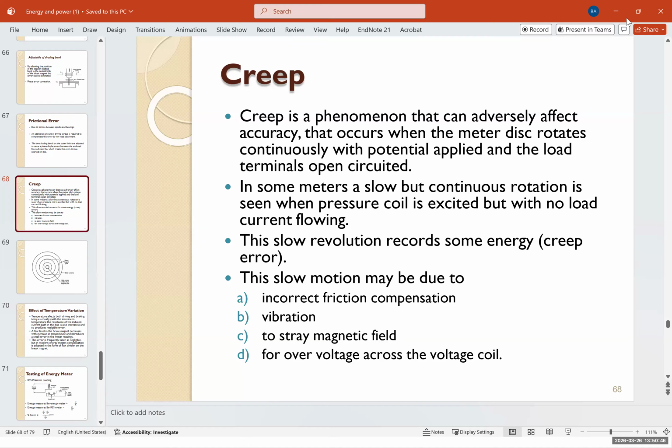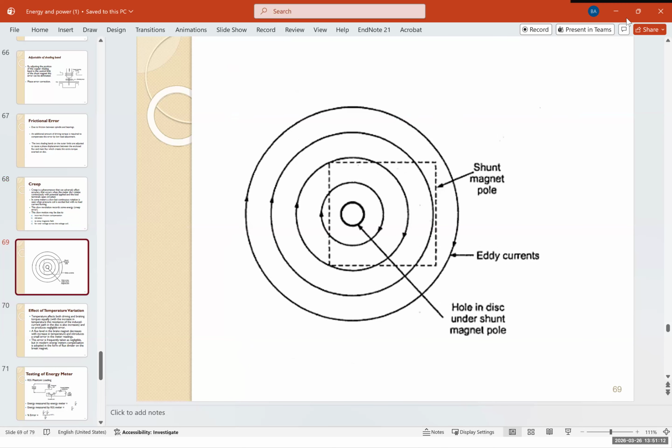So you're going to see a movement, but you're not consuming any power. This slow revolution records some energy, which is creep error. Now, how can we reduce it? By the magnetic brake. We can adjust that. This slow motion may be due to incorrect friction compensation, vibration, stray magnetic field, or over voltage across the voltage coil.